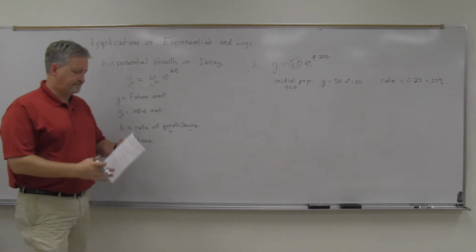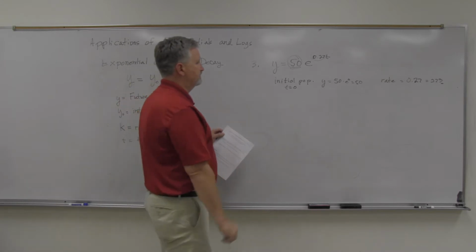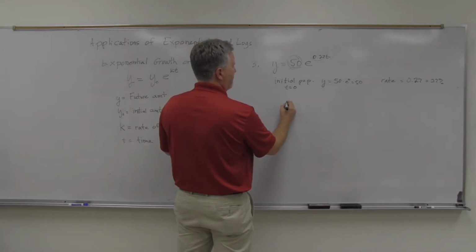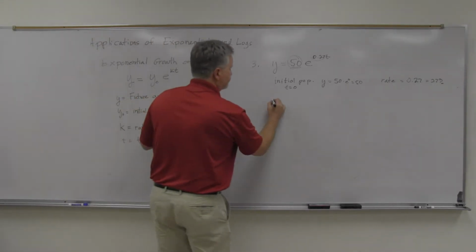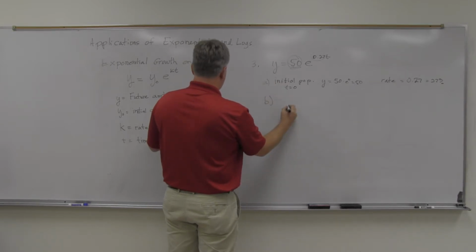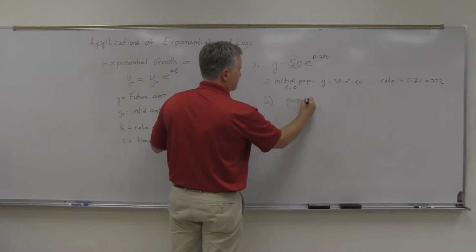In what year, according to this model, will the population reach 5,000? Well, if it tells me the population is 5,000, where does that go? The y. So when is the population 5,000?